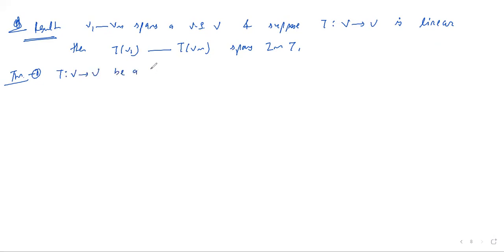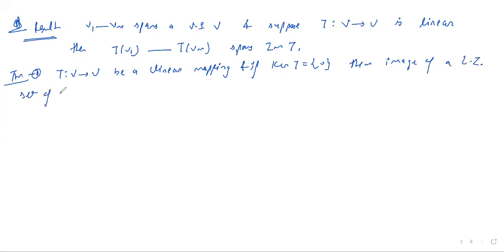Now there are some theorems. Let the mapping T from V to U be a linear mapping, and if ker T equals 0, then the image of a linearly independent set of vectors in V is linearly independent in U. Let this set of vectors be alpha 1 to alpha n.